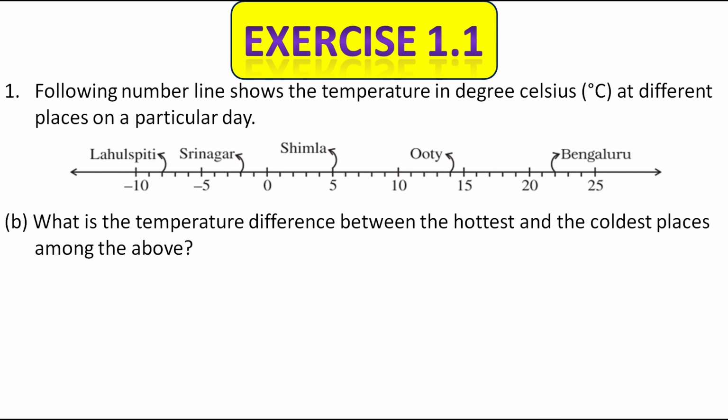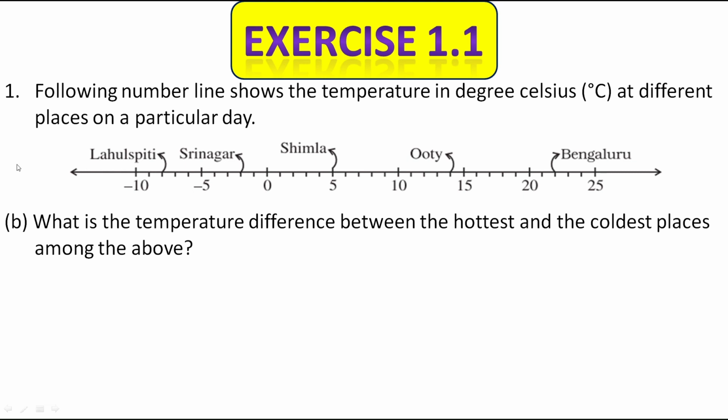What is the temperature difference between the hottest and the coldest places among the above? First we have to find the hottest place and the coldest place. For that you should know that whenever we move from 0 to the right side, the value of the numbers increases, and as we move to the left side of 0, the value of the number decreases.